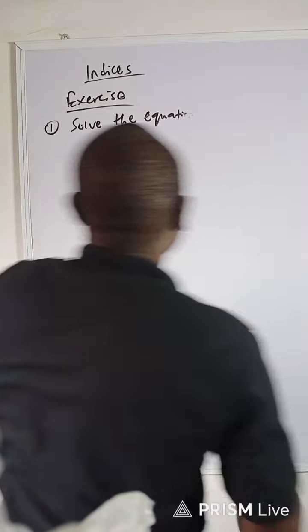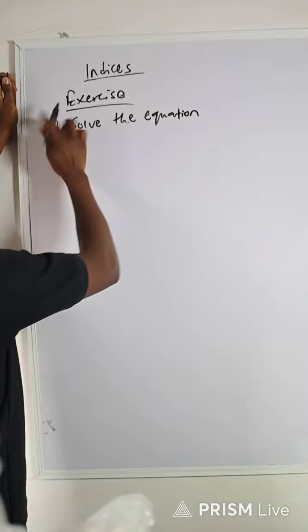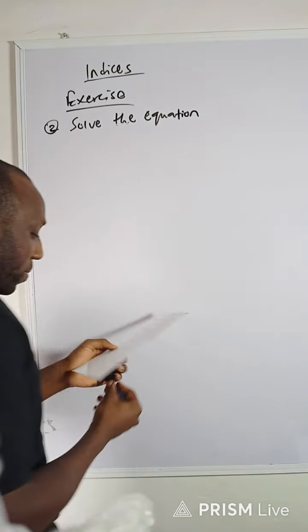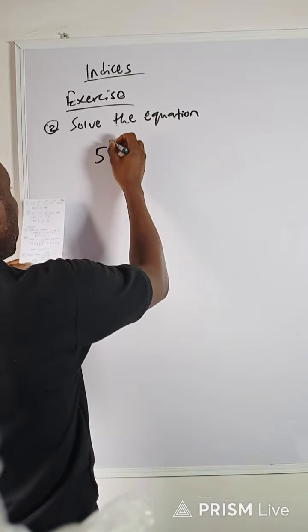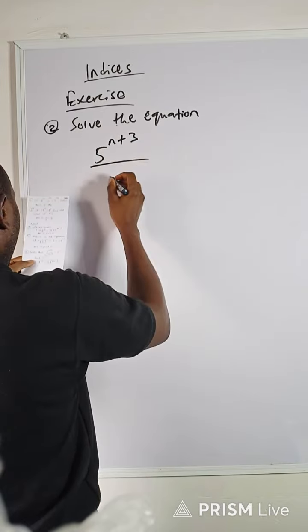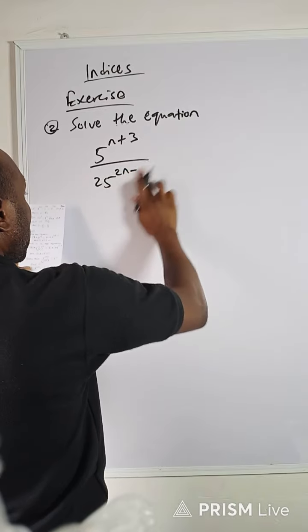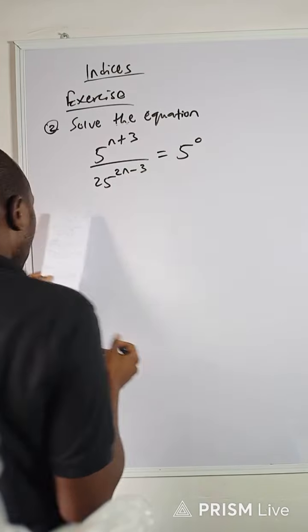So here's another question. This is number 2. I'll just do one more question and that'll be all for this aspect of solve the equation. 5 raised to n plus 3 over 25 raised to 2n minus 3 is equal to 5 to the power of 0.